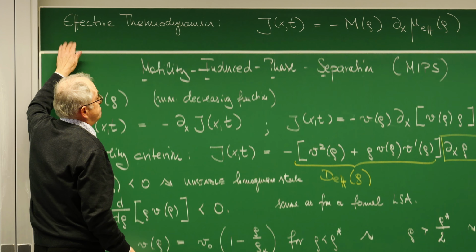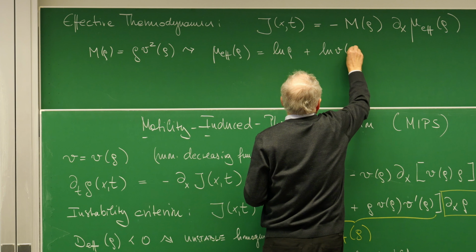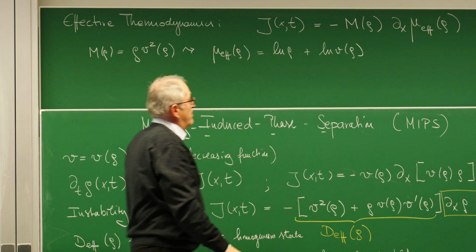So now comparing to what we have, if we take the m of rho to be rho v squared of rho, then our mu effective of rho is the log of rho plus the log of v of rho.